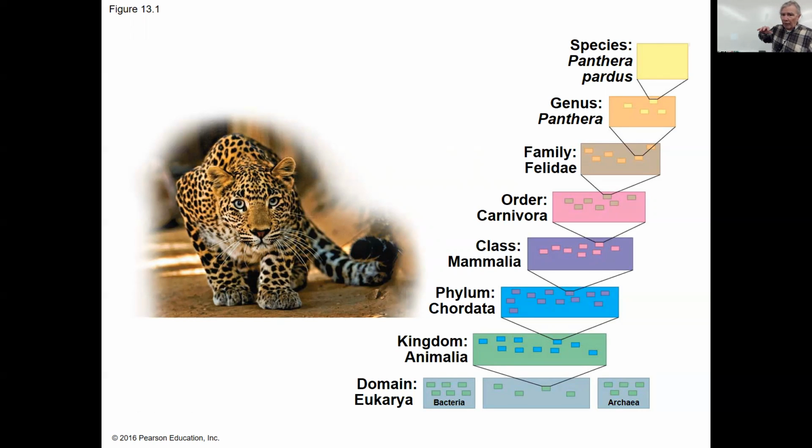So we're in class Mammalia, and that's based on mammary glands. We feed our infants with mother's milk from mammary glands, and so do panthers. But then we get down to the order, and there we change. Now we diverge from panthers. They are in order Carnivora, which means they're carnivores.